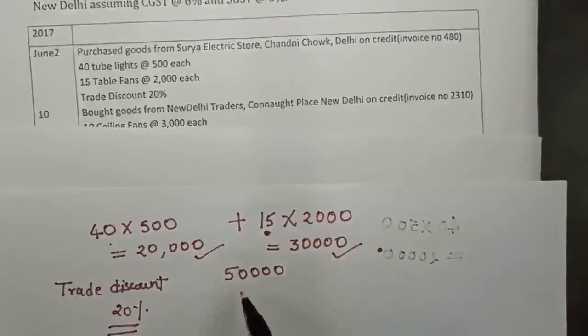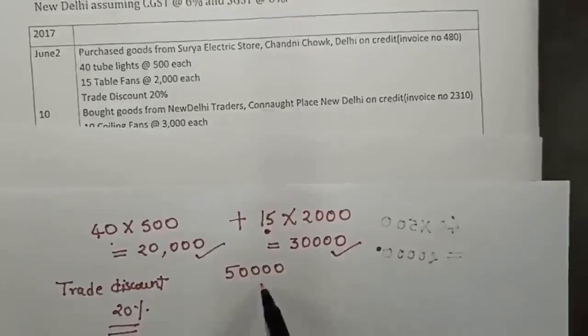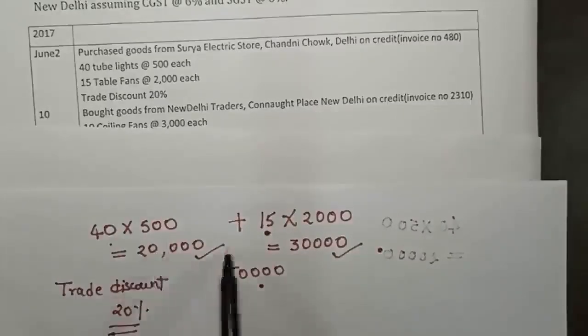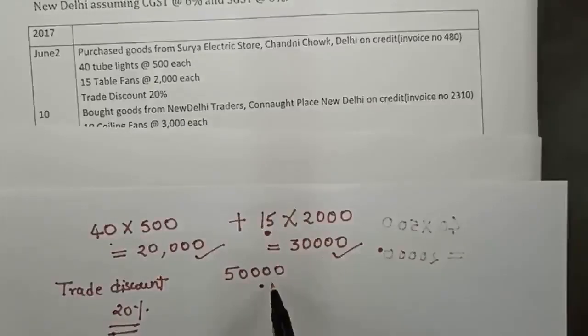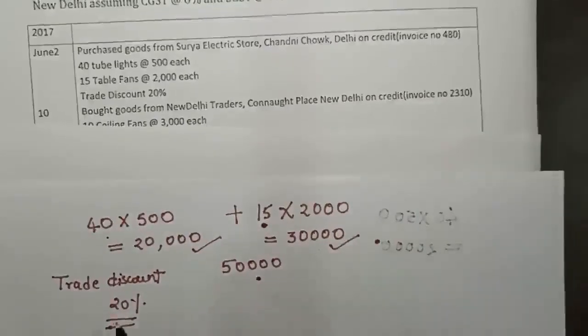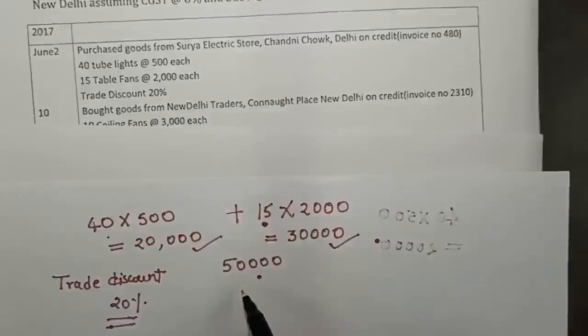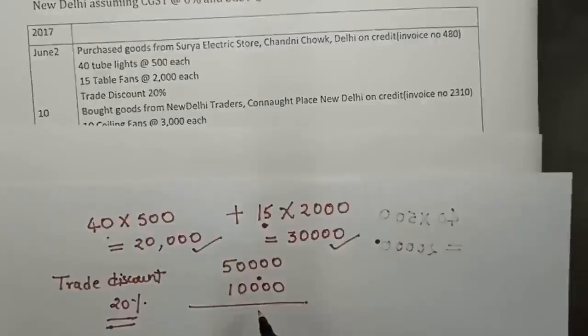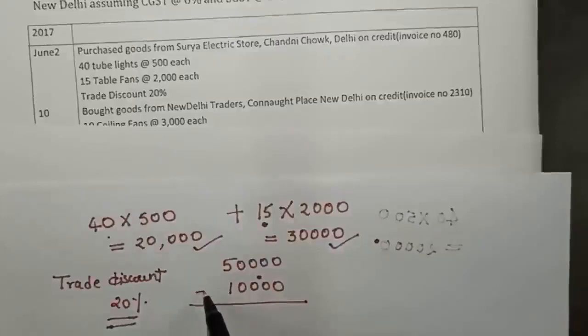So we are going to find out the 20% of 50,000. ट्रेड डिस्काउंट निकालना है. कितना अमाउंट है? टेबल फैंस और ट्यूबलाइट को ऐड करने के बाद 50,000 है. तो 50,000 का जब हम 20% फाइंड आउट करते हैं, it will be 10,000.